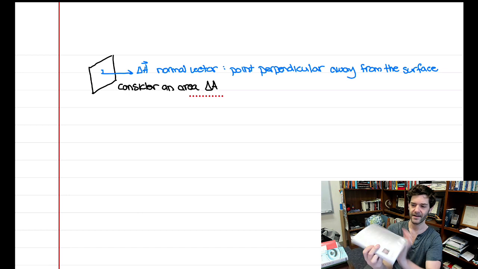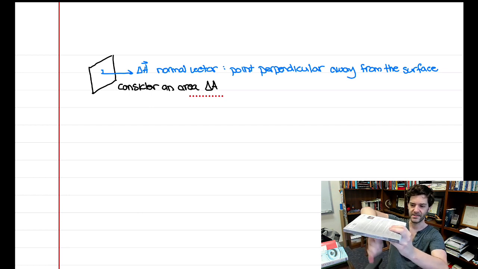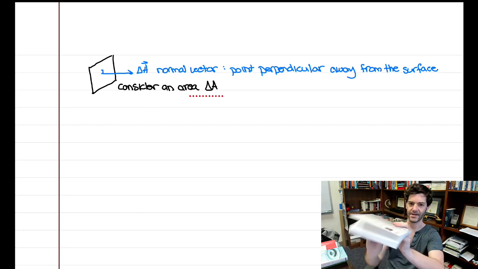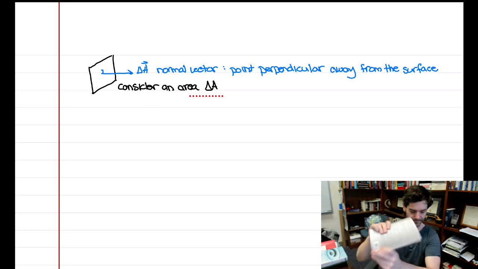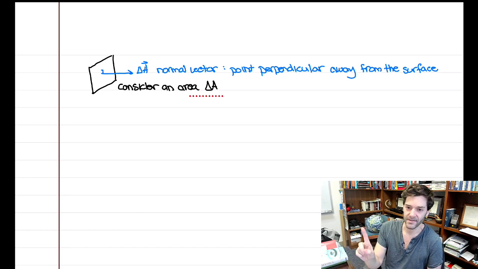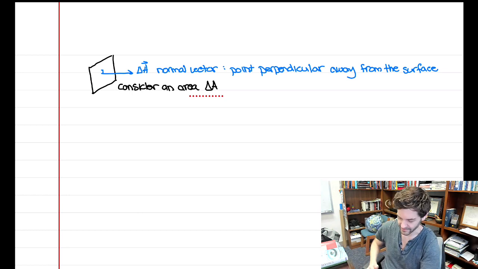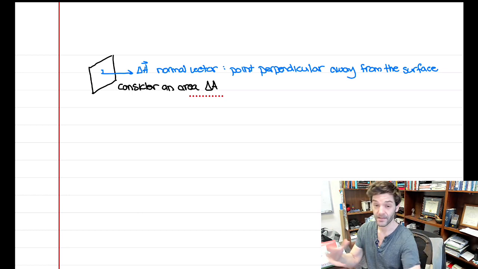So if a vector pointed up by the right-hand rule, that signified it was rotating this way. And if a vector points down by the right-hand rule, that defined that it was rotating in the opposite direction. So you've seen this before, a vector that's not in the surface but pointing perpendicular to it, and it defines something about that surface.